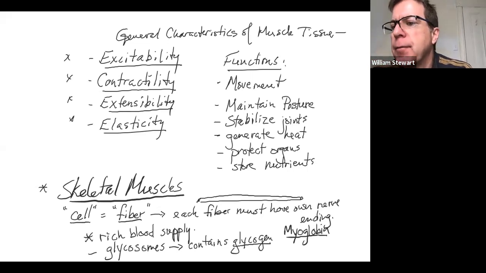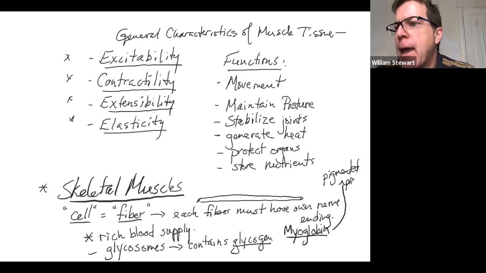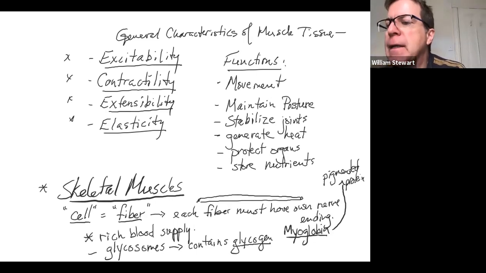So this is a pigmented protein that has the ability to bind oxygen. Just going to write binds O2.